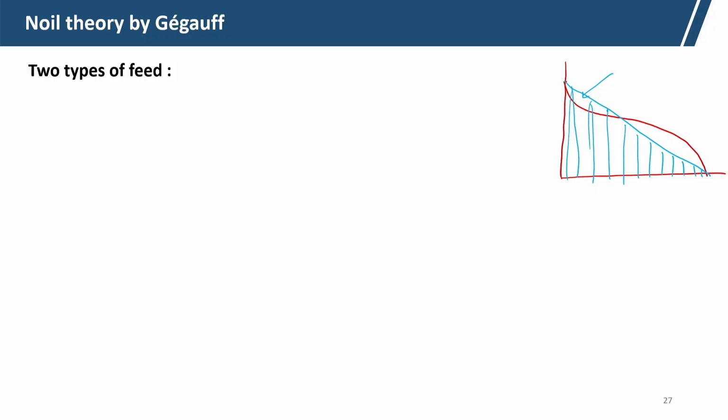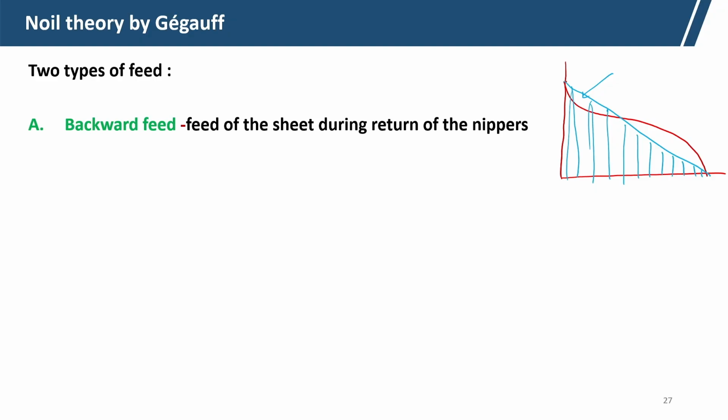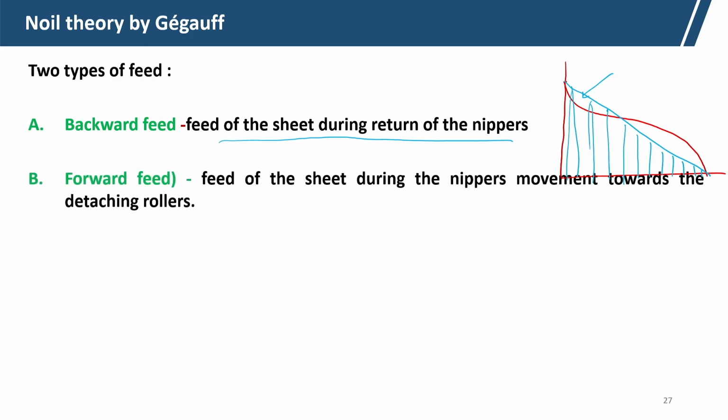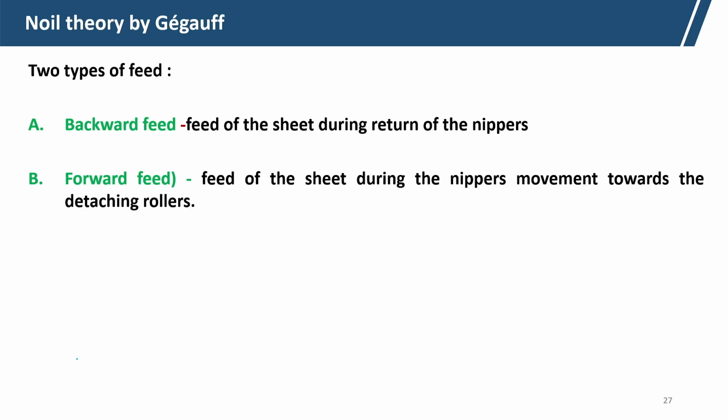In this theory two types of feeds are considered. That is backward feed, where the feed of the lap sheet is done during the return of the nipper, and forward feed, when the feeding is done during the forward movement of the nipper towards the detaching roller.